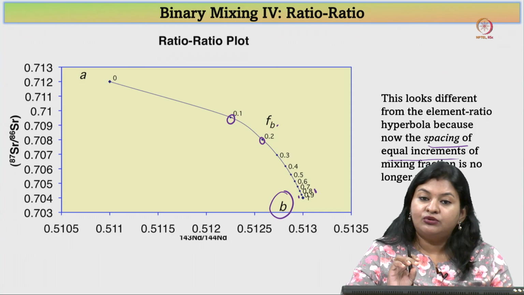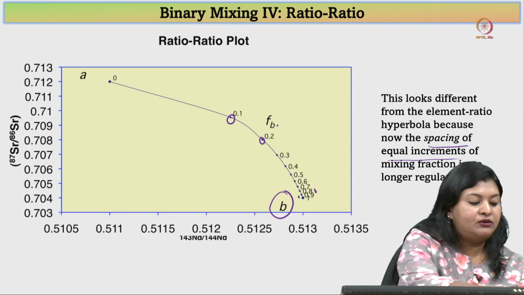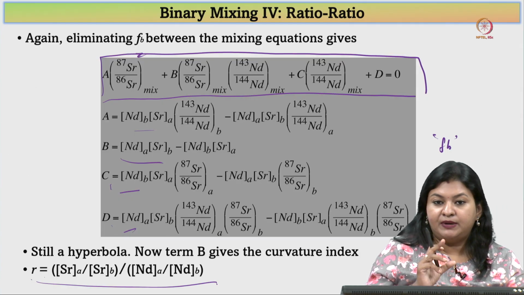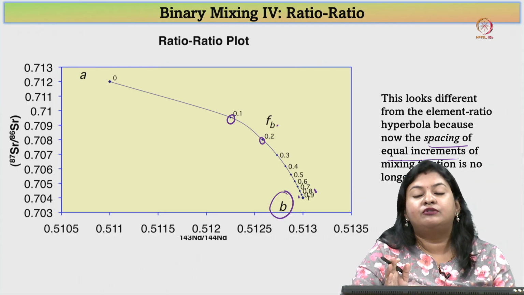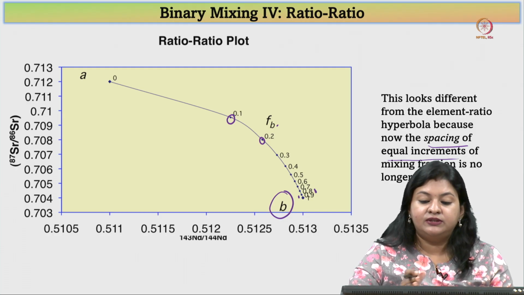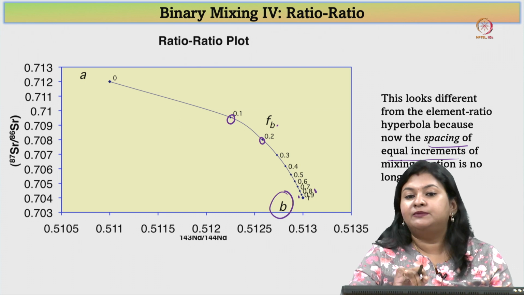Because if you know the end member values, then it becomes very easy, because you simply know the end member mixing value, you can find R, you will know the incremental spacing values. But if we do not have the first hand information of the end member, then it becomes very difficult.